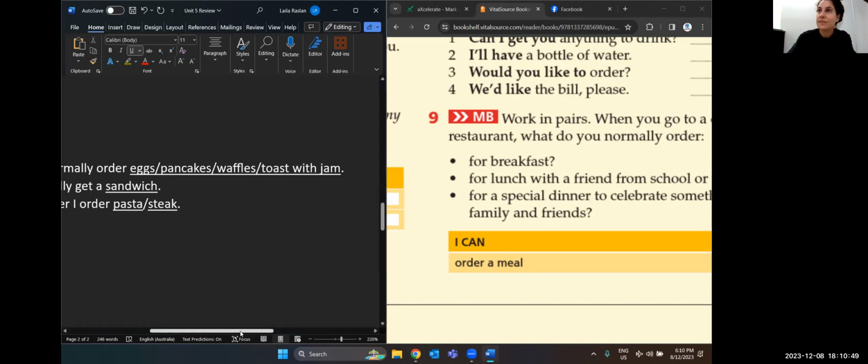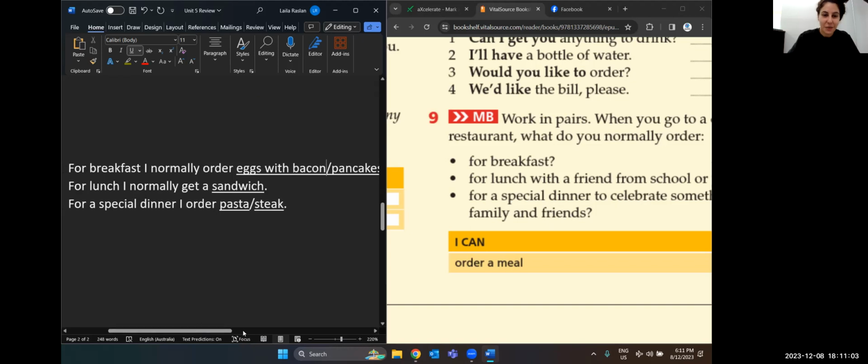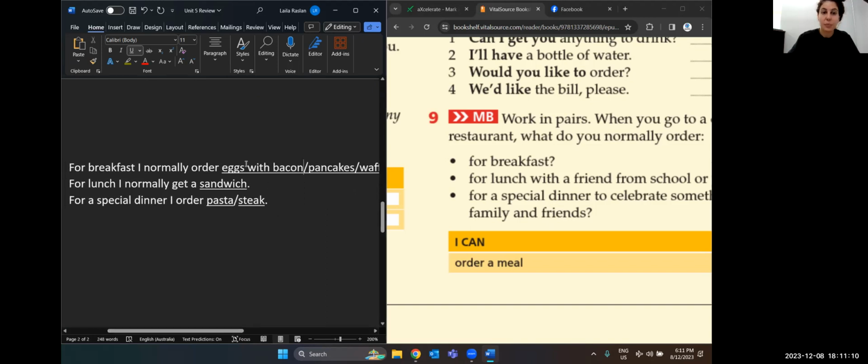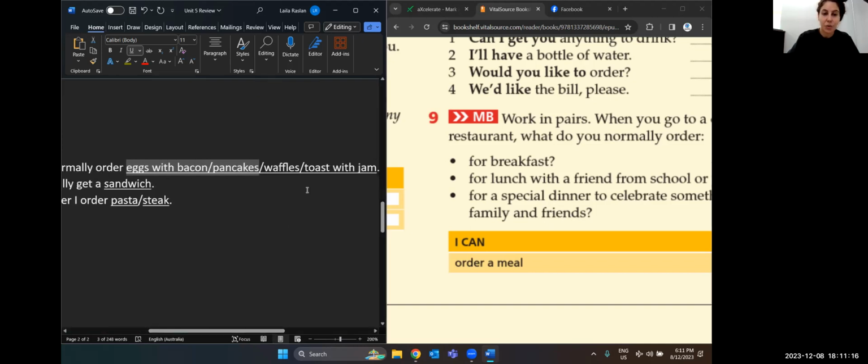Bacon, eggs with bacon. Yeah. So we need full sentences. So for breakfast, I normally order, and what? Put the meal. Remember, it has to be a full meal. Eggs with bacon, pancakes, waffles, toast with jam.